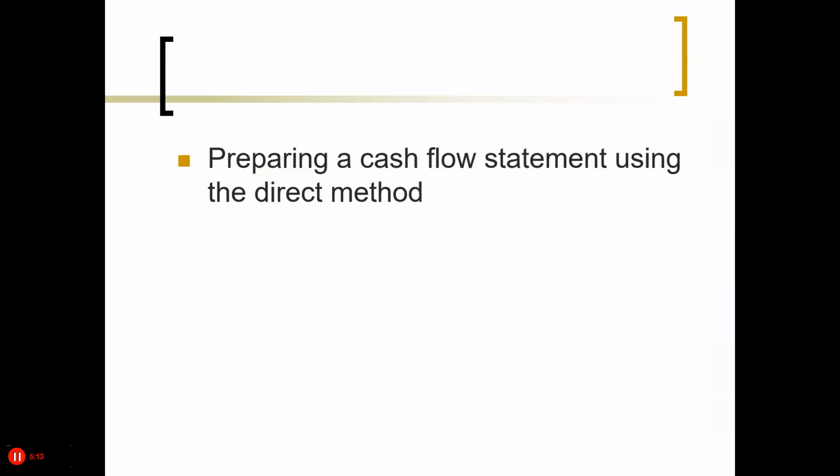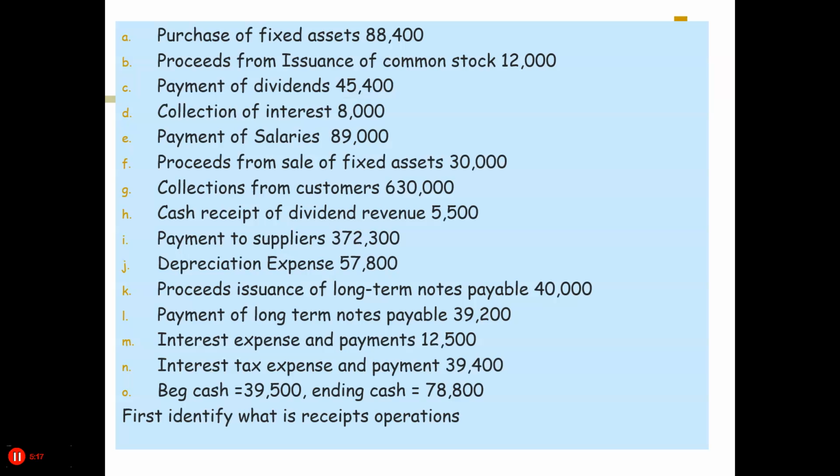So now let's go ahead and prepare a cash flow statement. We have this list of items, and what I like to do, if I were working this problem, is print this out and check them off as I use them, and note why I did or did not use them.